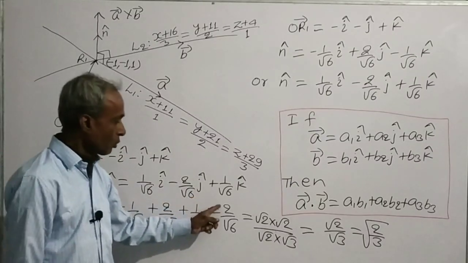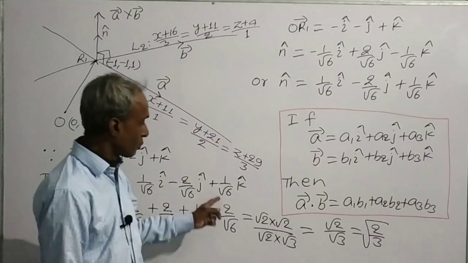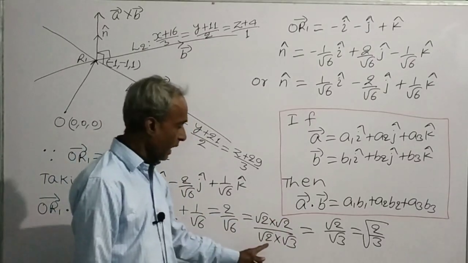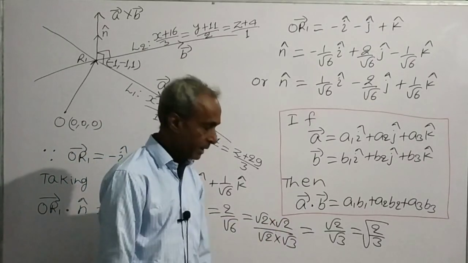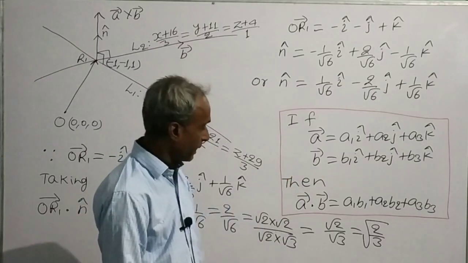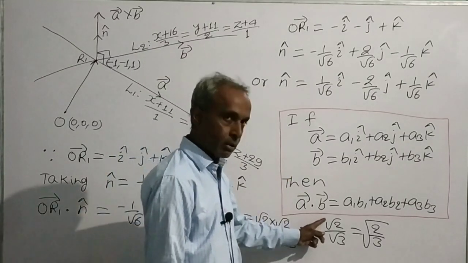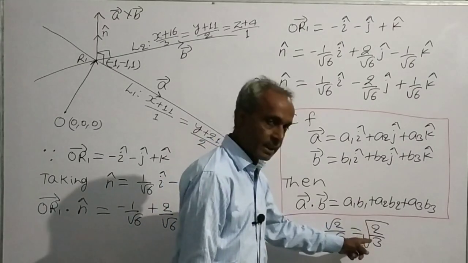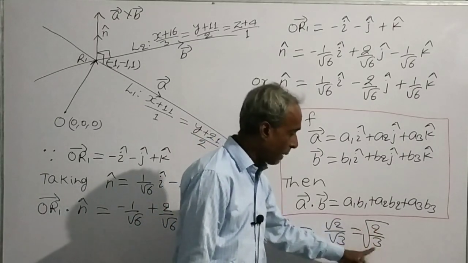That is equal to 2 by root 6. 2 can be written like this, and root 6 can be written like this. Then root 2 and root 2 cancel out and we get root 2 by root 3, which can be written as root under 2 by 3.